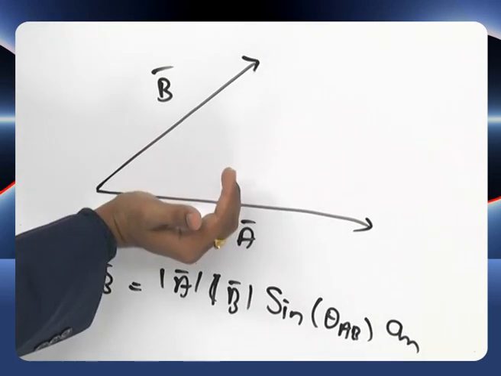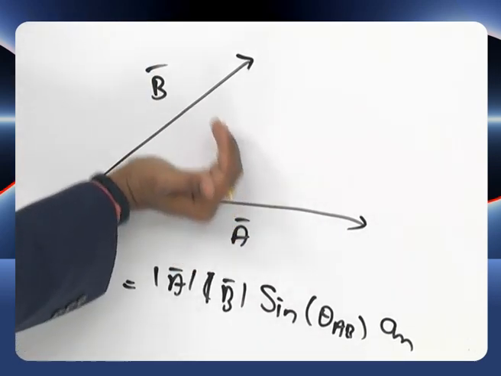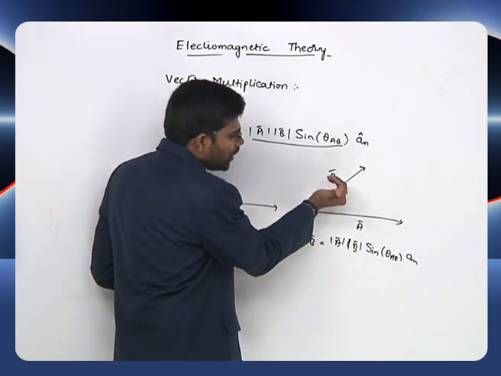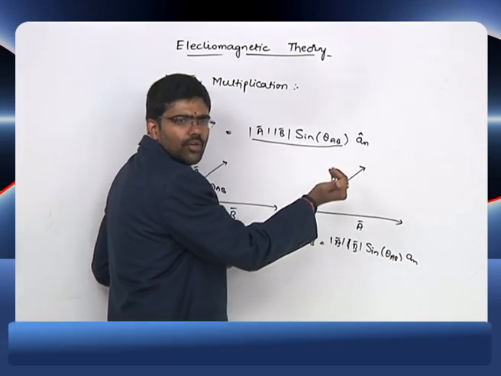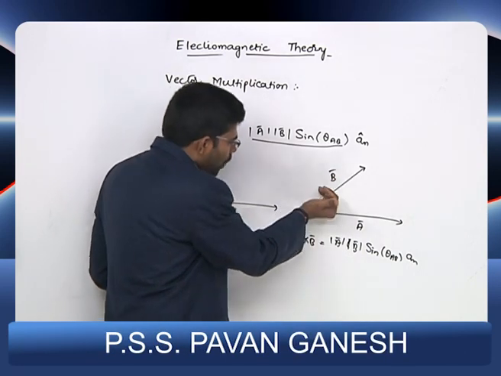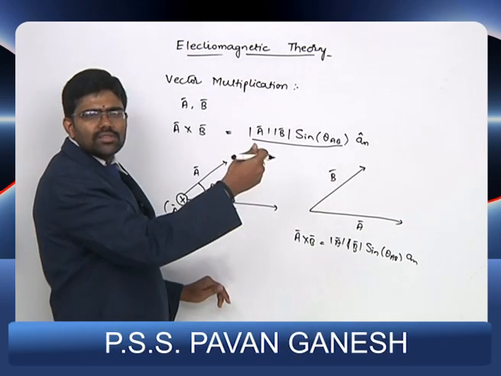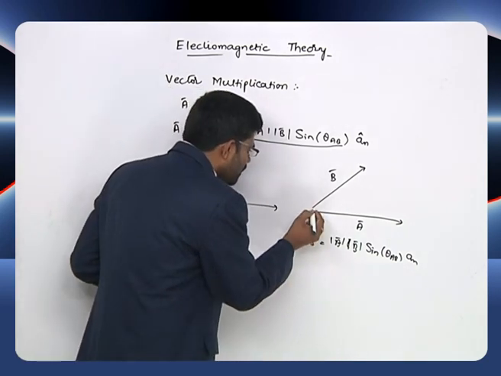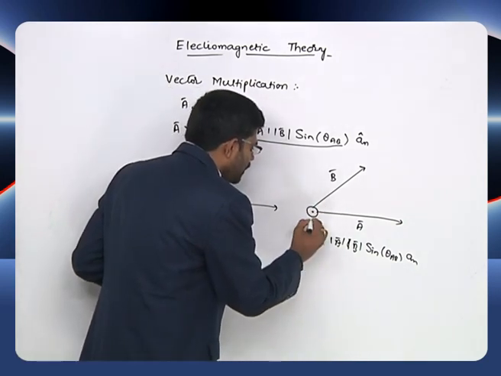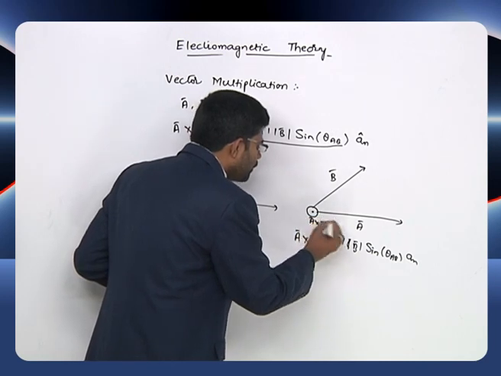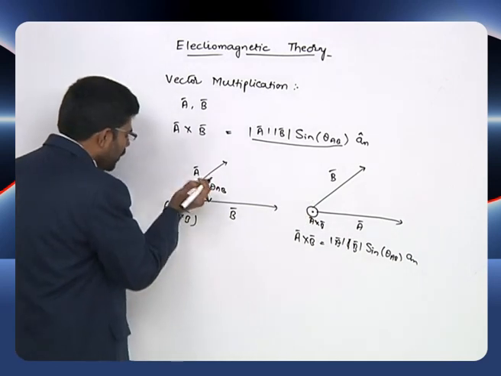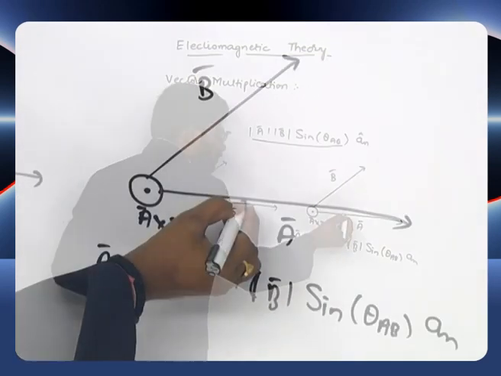Here in this case, place your folded fingers from a to b. Just what I am doing is placing the folded fingers from a to b, then observe the direction of the thumb. It is always pointing outwards from the plane of the board. Since it is pointing outwards, represent the result as outwards from the plane of the board.